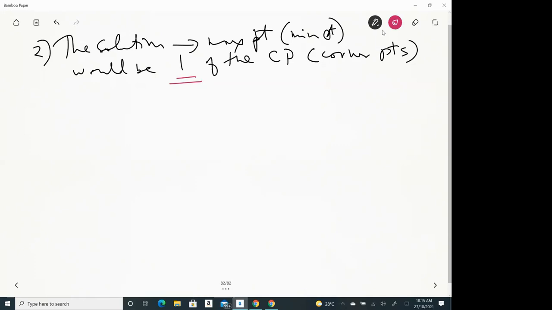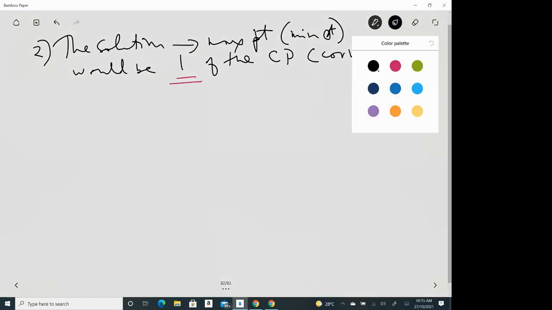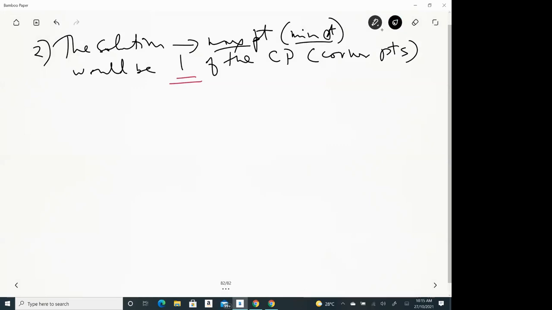Okay, so number three, since we know that the solution, the maximum point or the minimum point depending on the problem, will be one of the corner points, it is good that we tabulate the corner points.